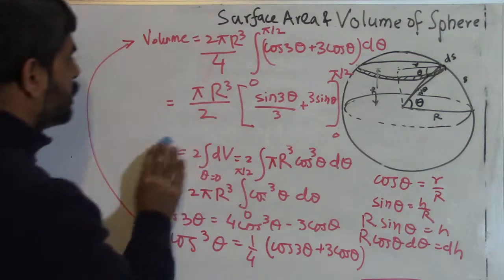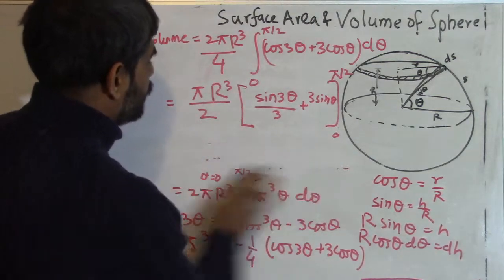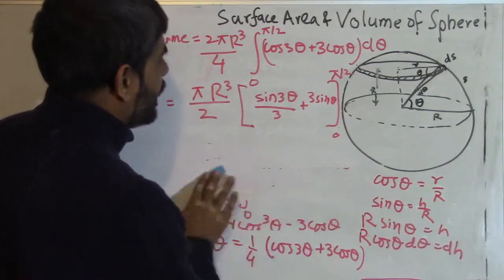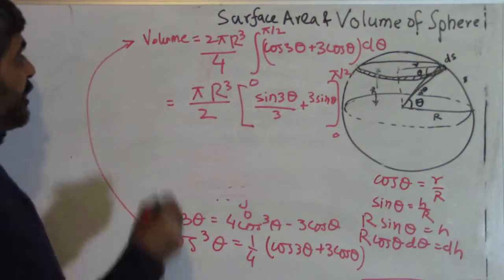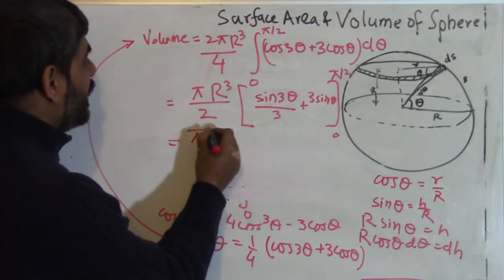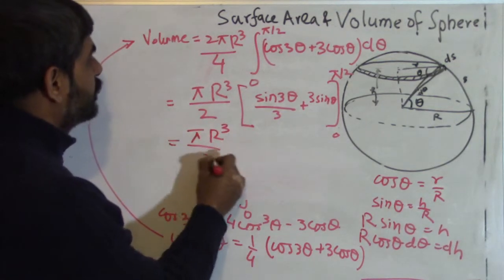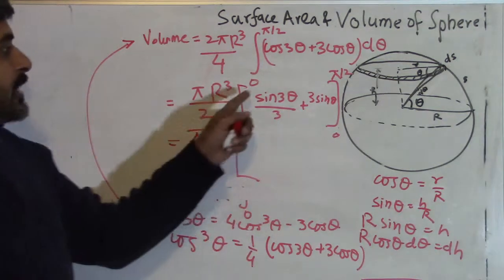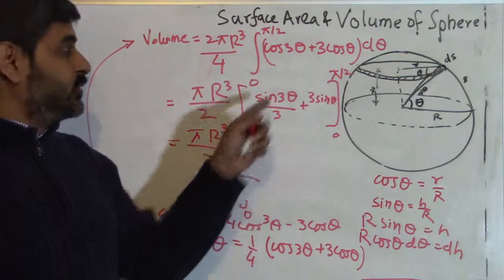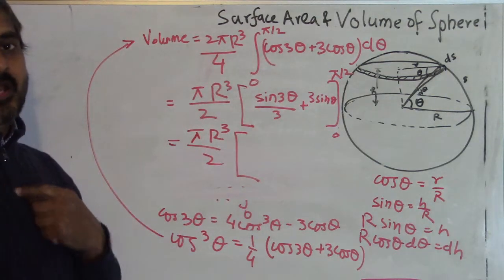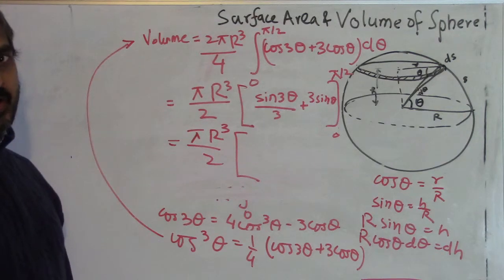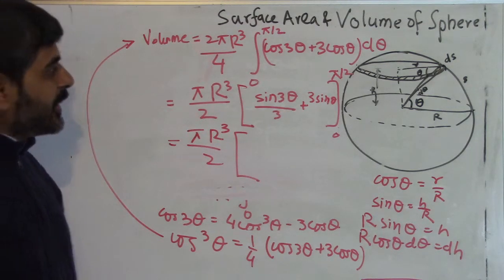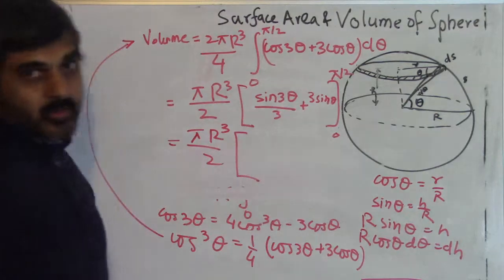We need to make some more space here, but I think we are very close. So this is pi r cube divided by 2. Sin 3 pi by 2 is sin of pi plus pi by 2, and sin of pi plus theta is minus sin theta, and sin pi by 2 is 1.